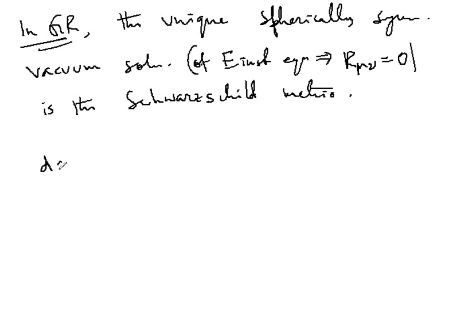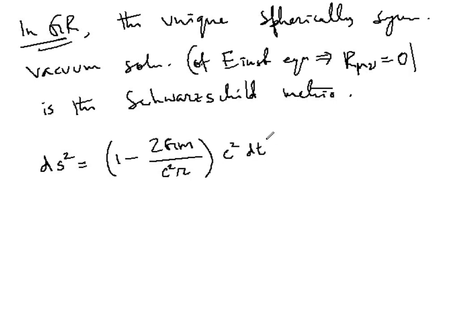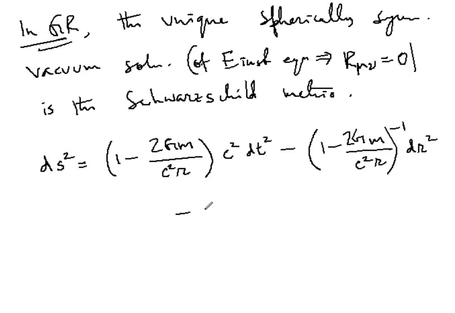So, the metric is (1 minus 2GM divided by c squared r) c squared dt squared, minus, again the same old term, (1 minus 2GM by c squared r) to the power minus 1 dr squared, minus r squared (d theta squared plus sin squared theta d phi squared).